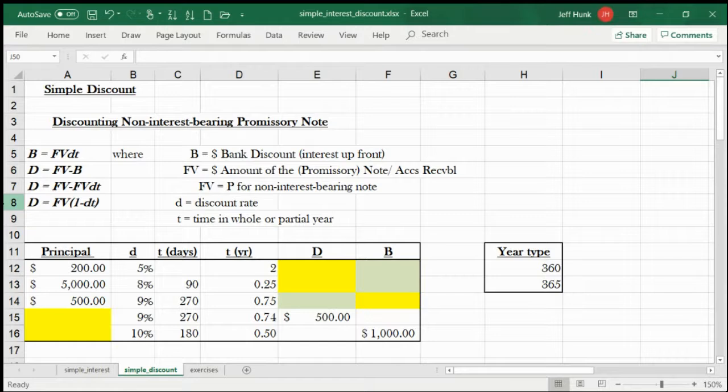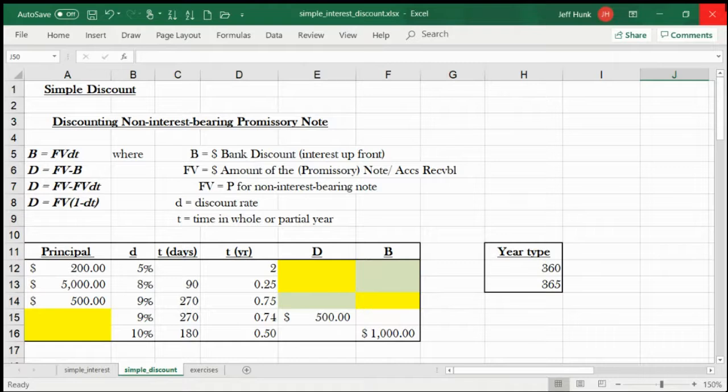The reason we had to use such examples for simple interest was to prepare you, to familiarize you with the way simple interest works.